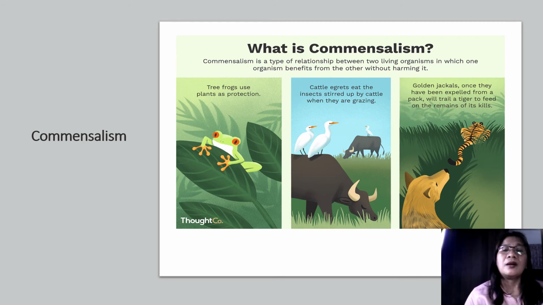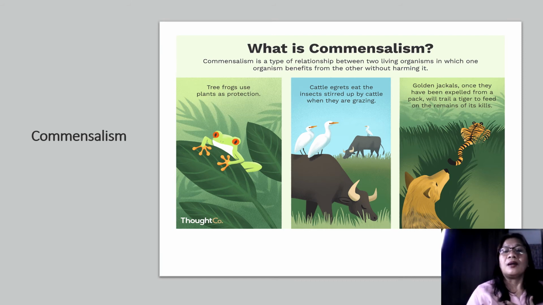Okay, next. Cattle egrets feed on the insects stirred up by cattle when they are grazing. So habang kumakain ang cattle, the egrets eat the insects at the back of the cattle.